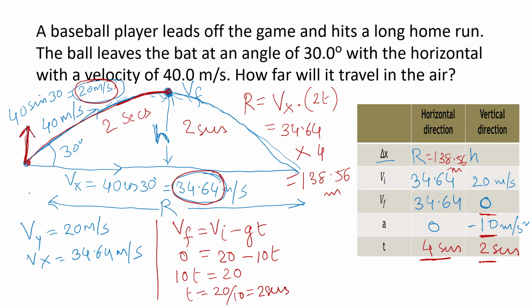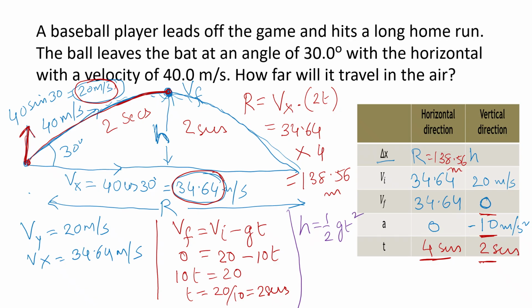All right. And now if we talk about the height attained by the projectile. Now remember the height equation for projectile is h equals 1/2 gt squared. And this is also coming from kinematics equations.